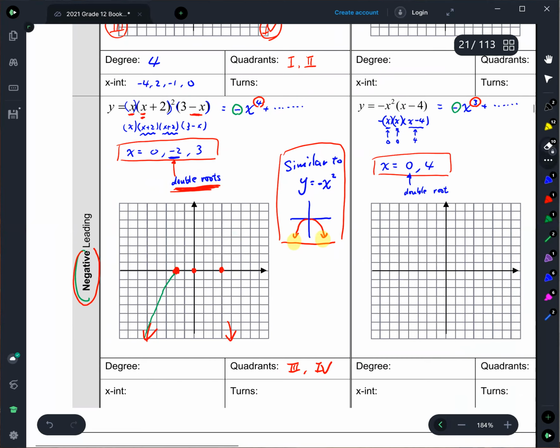So for the one that has the double root, it has to bounce, right? It's like hitting a wall. You throw the ball at a wall and then it bounces back. This is at -2, double root. And the other ones are singles, they will go through. So this gives you a bounce.